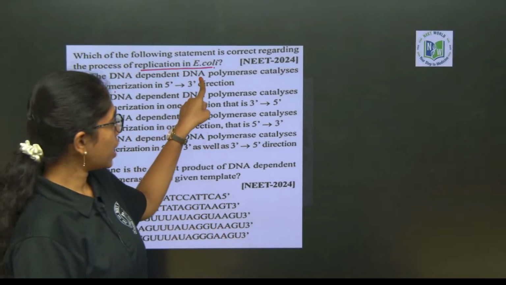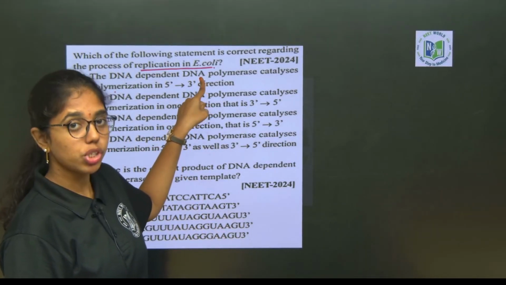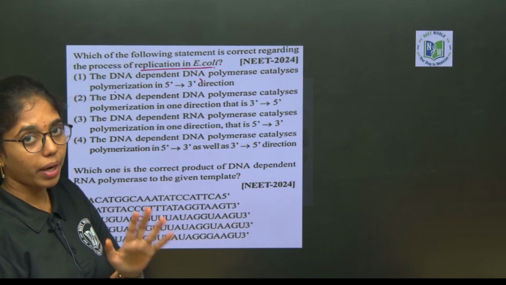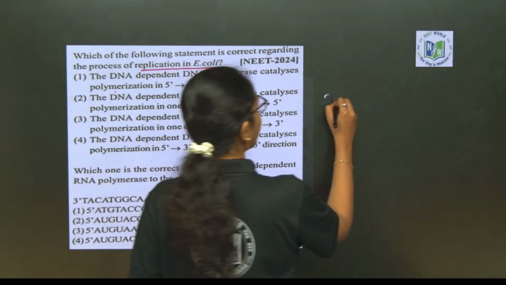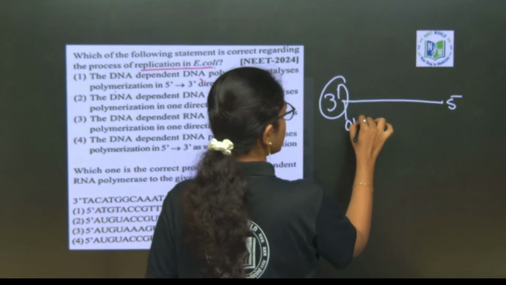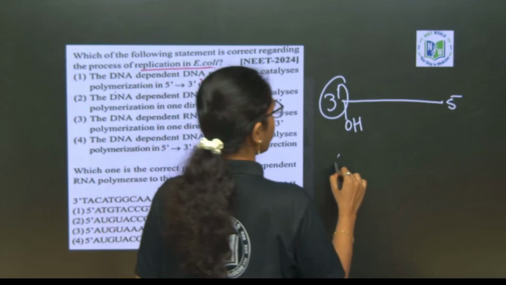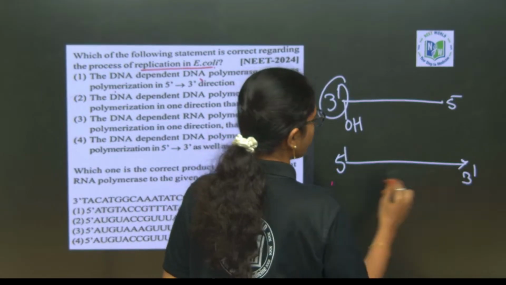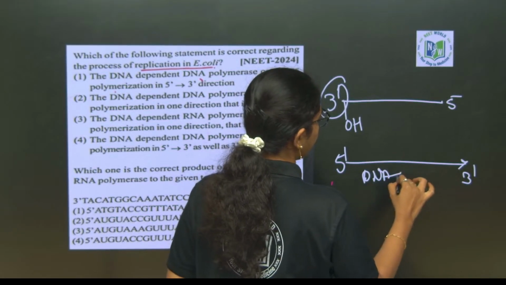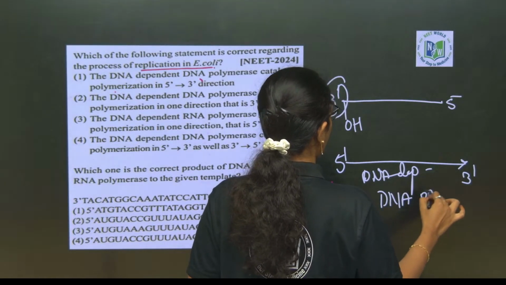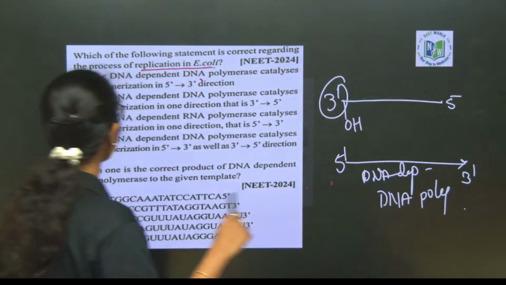In DNA replication, DNA polymerase is the enzyme which catalyzes the reaction. Always it will be in the 5 prime to 3 prime direction only, and the template is 3 prime to 5 prime. At 3 prime the OH group is there, right? This is recognized, and the synthesis starts from 5 prime to 3 prime by DNA dependent DNA polymerase. So statement 1 is true.